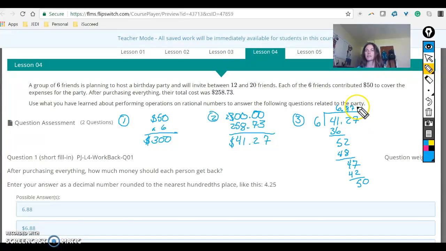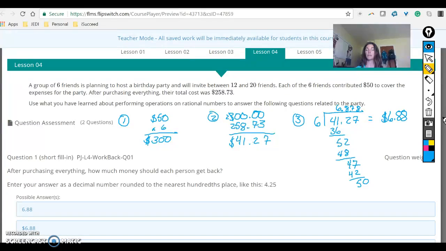So, I know it goes in 8. Okay, so I've got enough to round here to the nearest penny. I went out to the thousandth so that I could round to the nearest penny, and I can see that each person should get back $6.88. All right, so that is the answer that you want to enter into the box, $6.88.